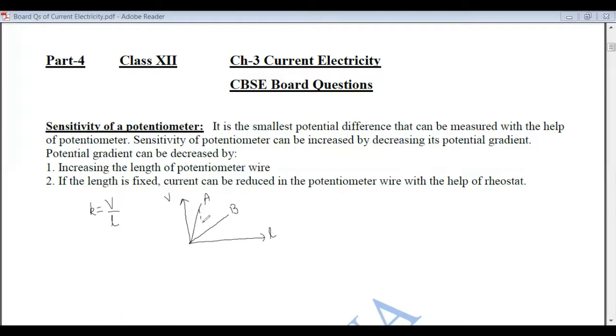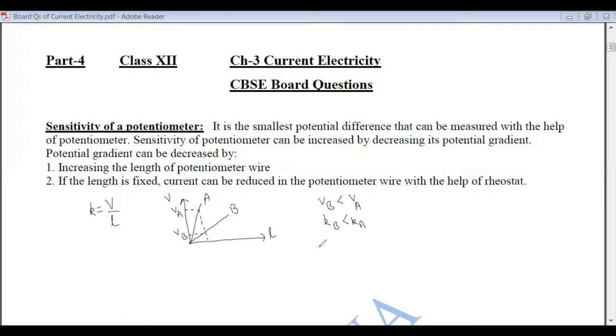For a particular length, we see that VA, the potential difference of wire A, is greater than the potential difference of wire B. That is, VB is less than VA. So the potential gradient of wire B is less than the potential gradient of wire A.